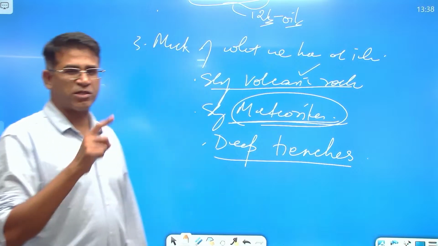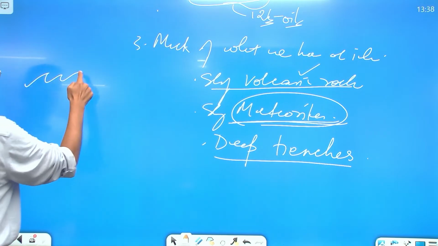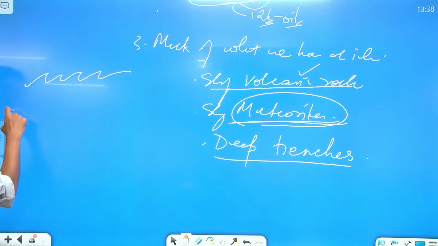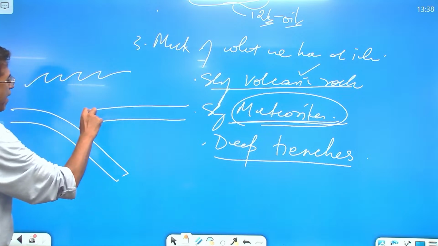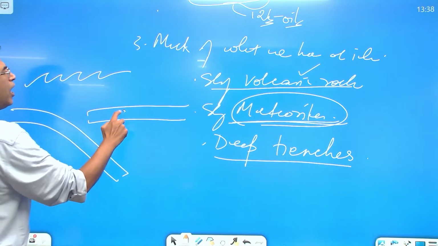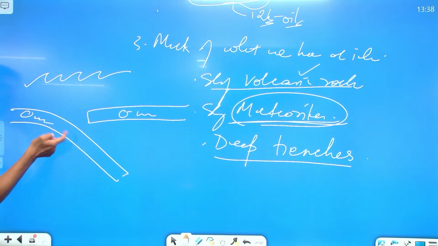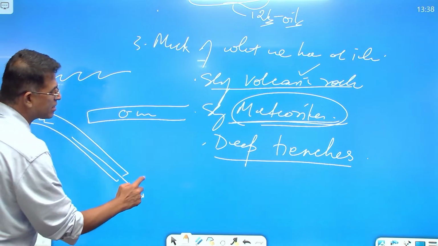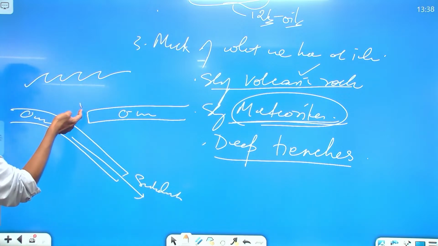Okay, the study of volcanic rocks at the locations of volcanism, the study of meteorites, the study at deep trenches. So on the earth's surface, on the floor of the oceans, there are some locations where there are gaps. This is an ocean crust. This is also an ocean crust. If you know about something called subduction, so here there is a gap.